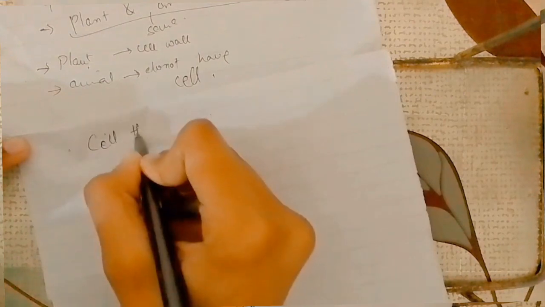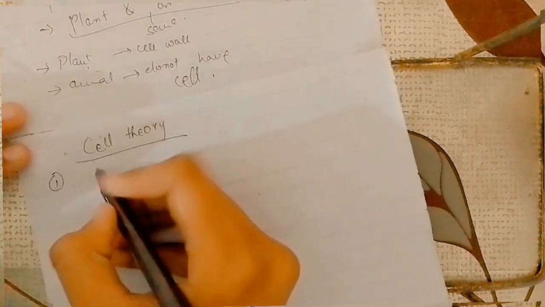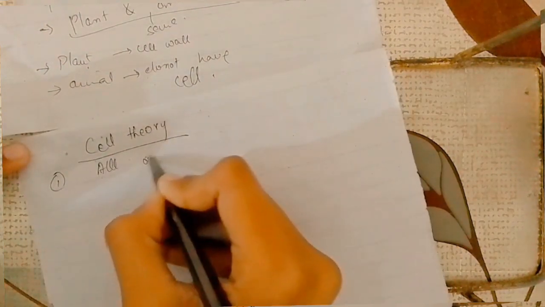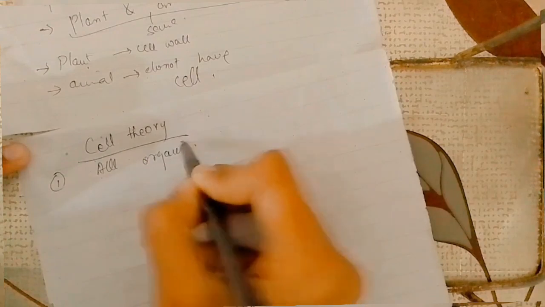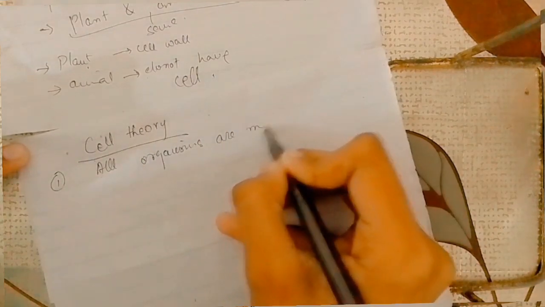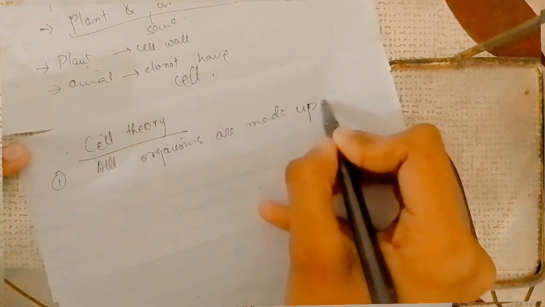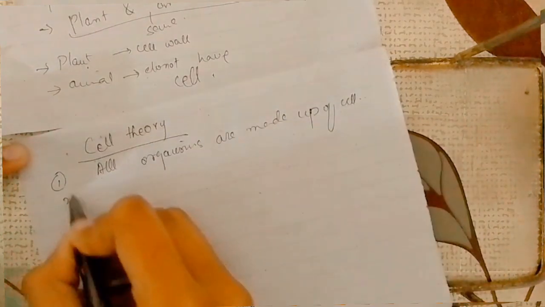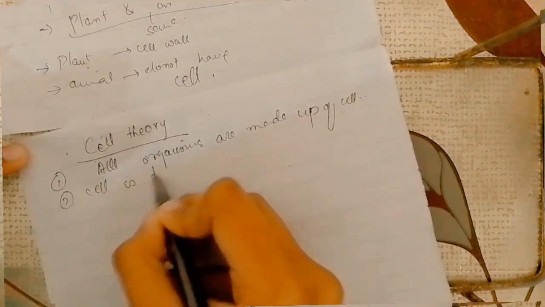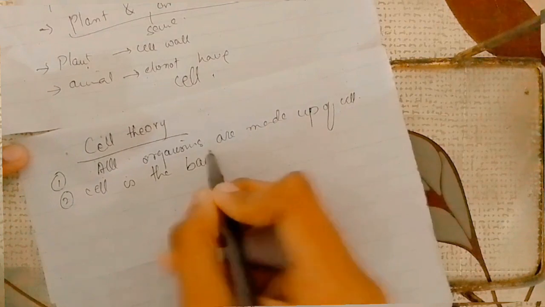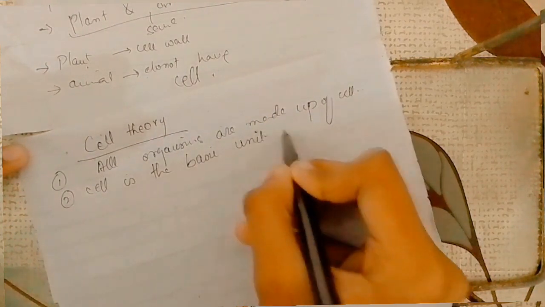So the cell theory was, Schwann and Schleiden gave 2 points. First, all organisms are made up of cells, and the cell is the basic unit of life.